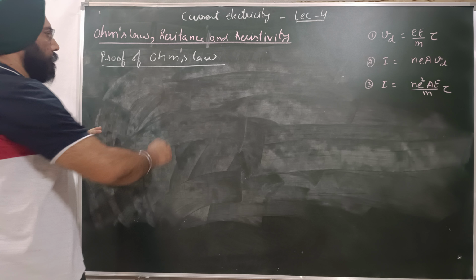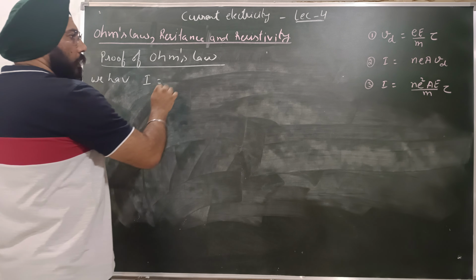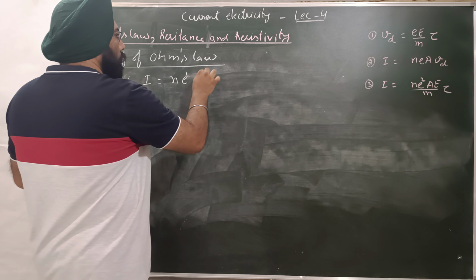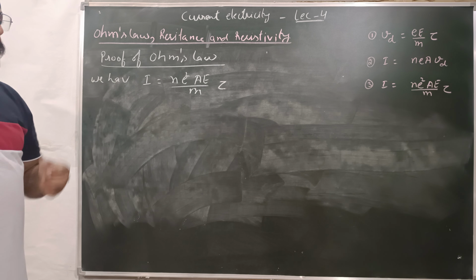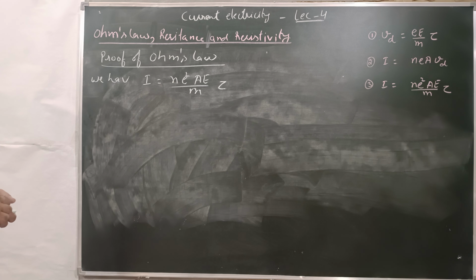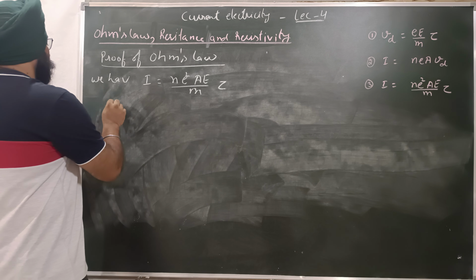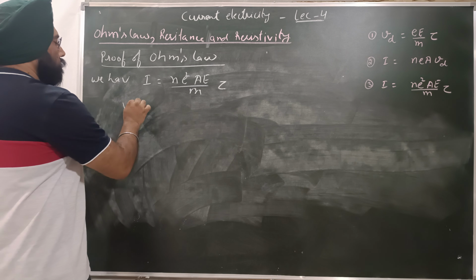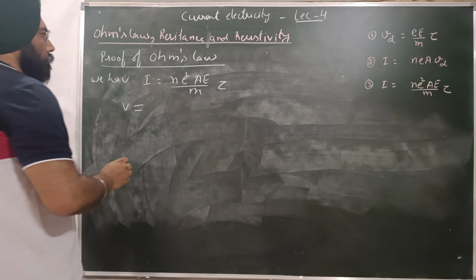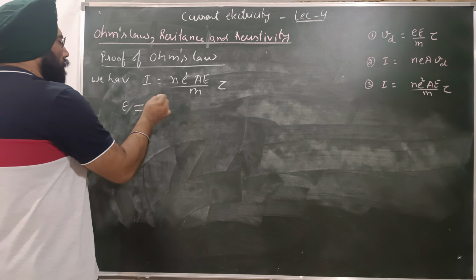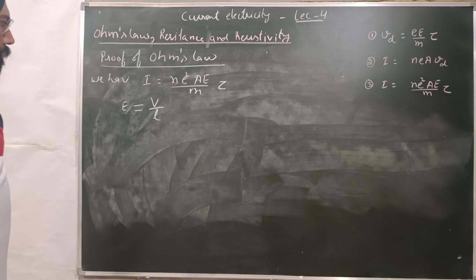So we know that I is equal to n e square A E over m multiplied by tau. This is what we have already derived in our previous lectures. Now E is equal to V over L. So I will use this in place of E.